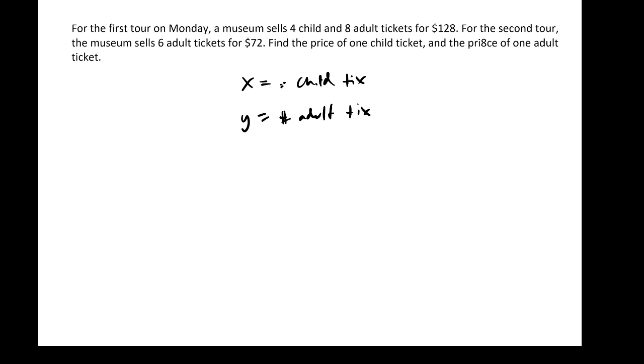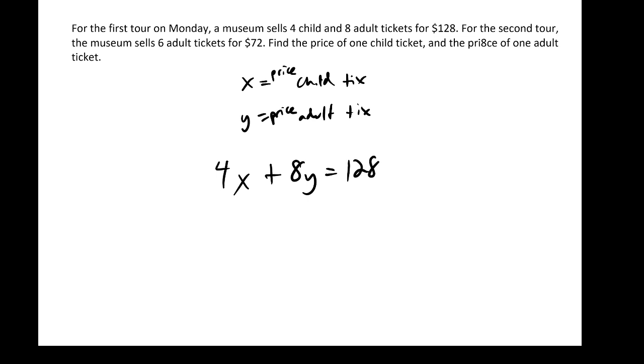Sorry, it's not the number, it's the price, because we already have that quantity, right? Because it was 4 child tickets, or 4x, and then 8y, 8 adult tickets, for a total of 128.